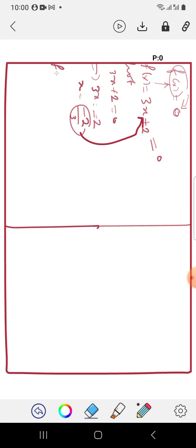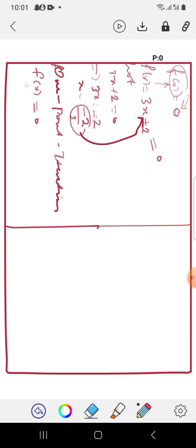Okay, so let me now say 1 point iteration now has a topic. So we have a function f of x. They are asking us to find a root, that is, when it's equal to 0.